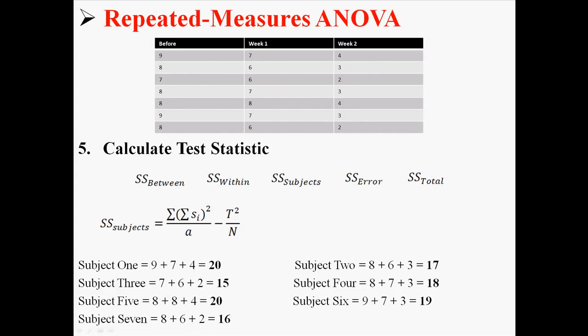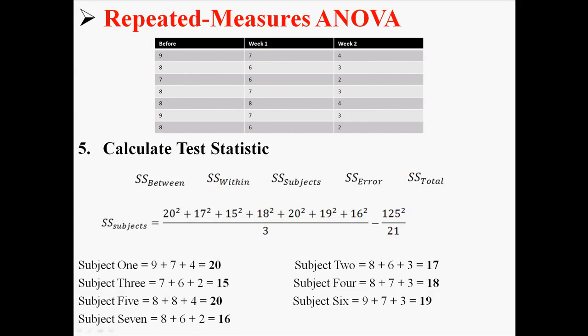We have 20, 17, 15, 18, 20, 19, and 16. So the top part of that equation is we square each of those values and then add them together. And then the rest is stuff we already know. We already know that T is 125, we know that A is 3, and we know that capital N is 21.